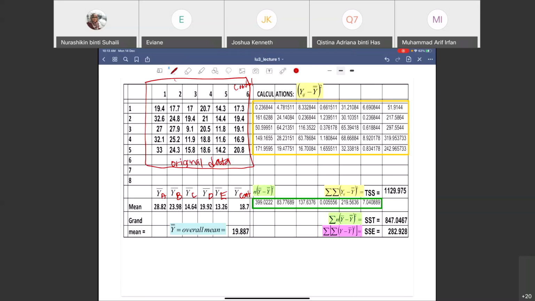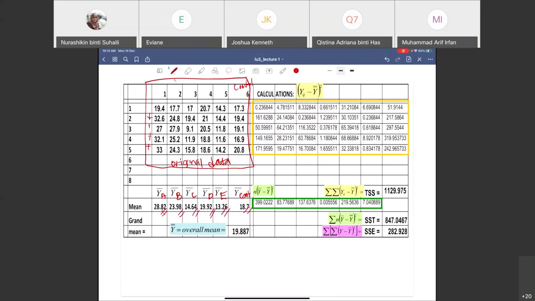Average is just sum everything and divide by the size. 19.4 plus 32.6 plus 27 plus 32.1 plus 33, divided by 5. You get 28.82. And you solve the same for B, C, D, E, and control. You get these values. That's the easiest one.